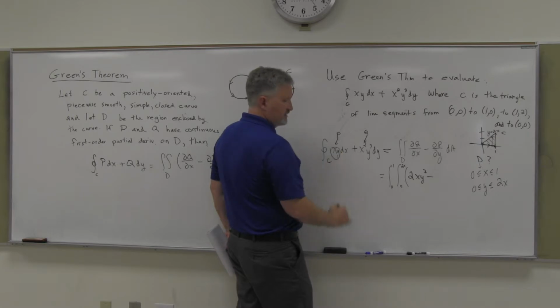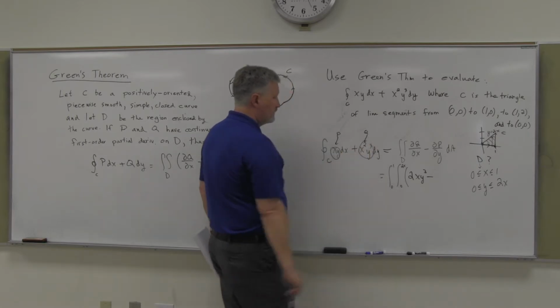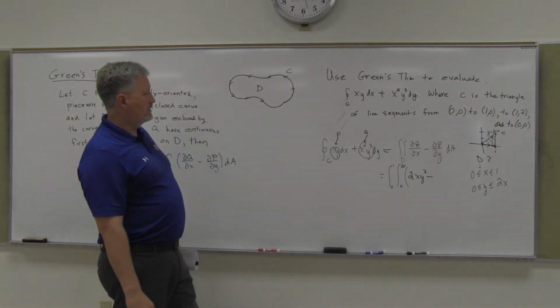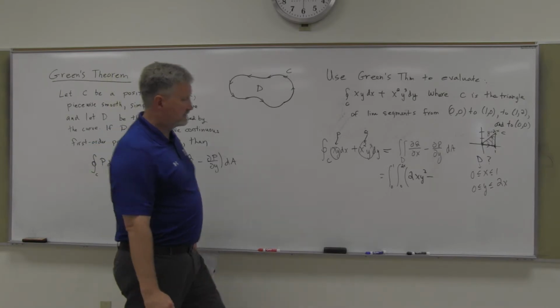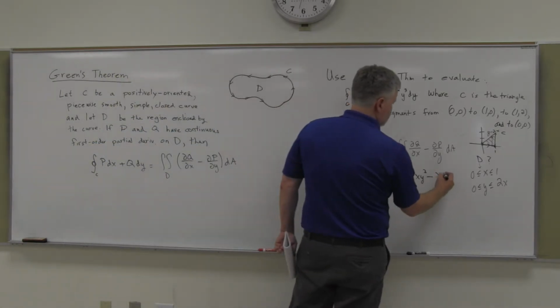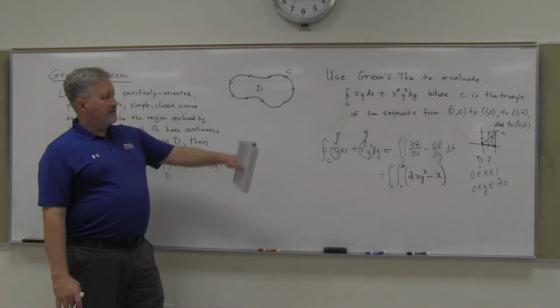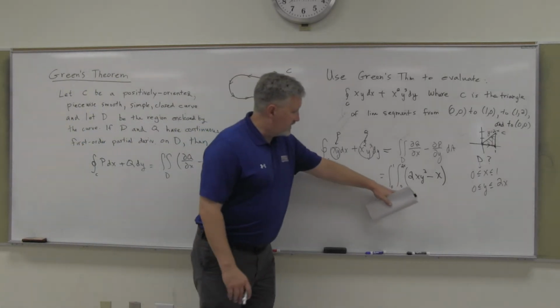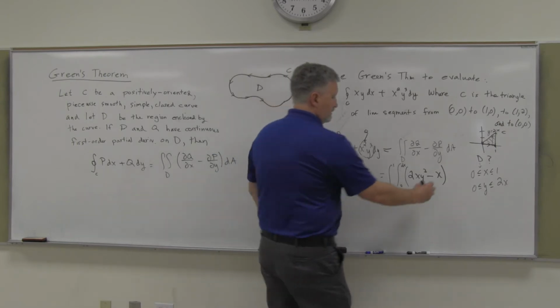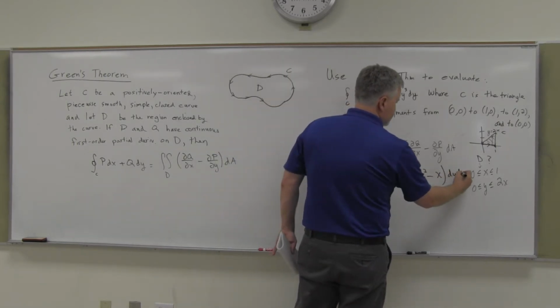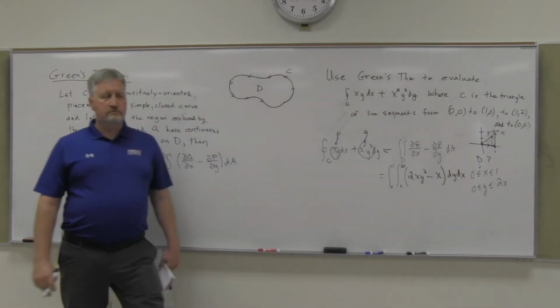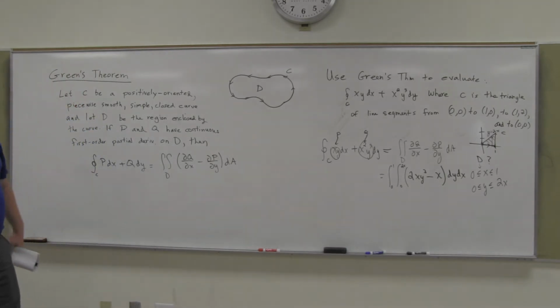Here's P, so with respect to y, the partial is just x. With me so far? And then dA, we're just going to do dy and then dx. So is that okay? It's not terribly bad.